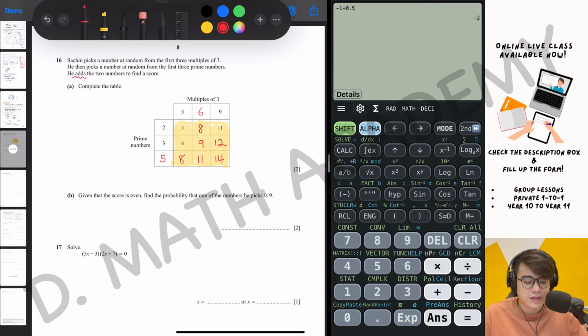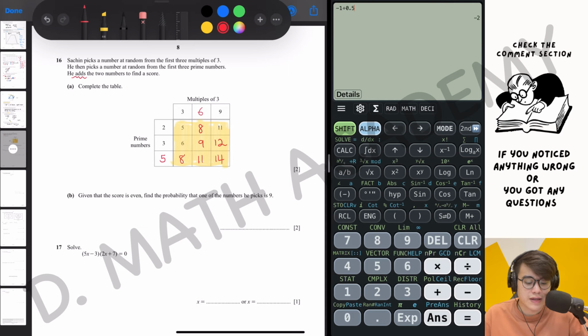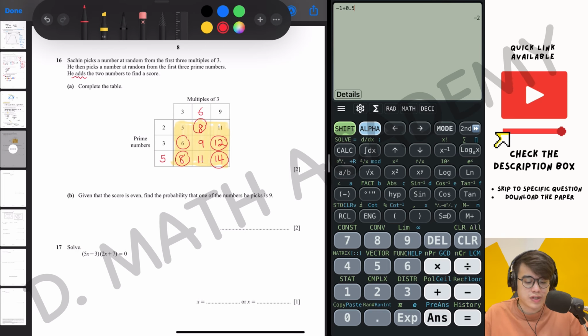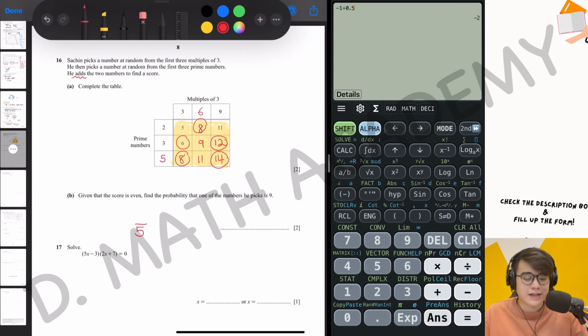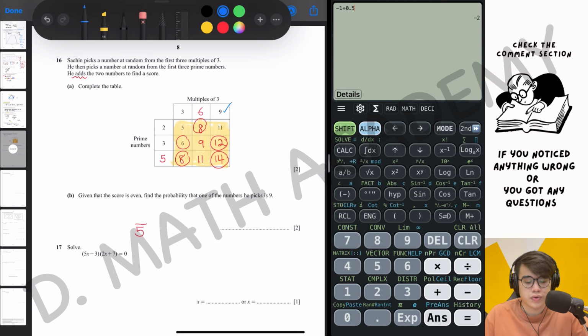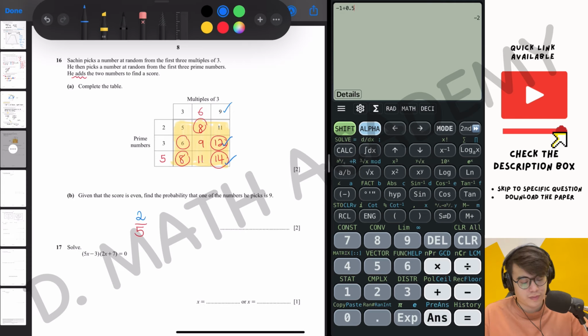Inside of this, how many even numbers are there? You identify them as 6, 8, 8, 12, and 14. So there will be 5 of them. Among these 5, how many of them have 9? For 9 here, we have 12 and 14. That's why it is 2 over 5.